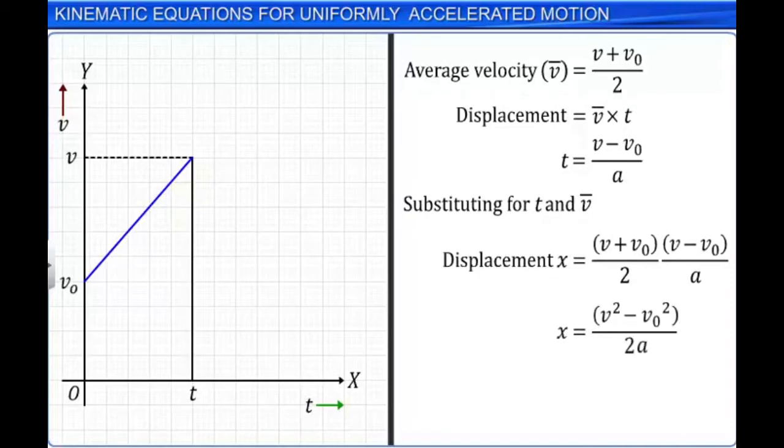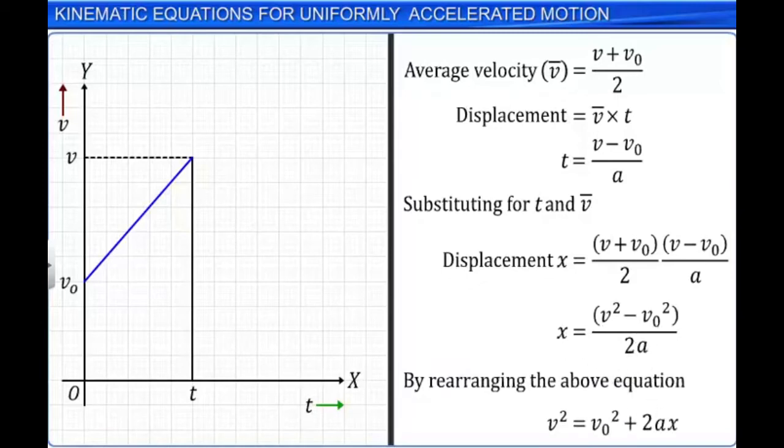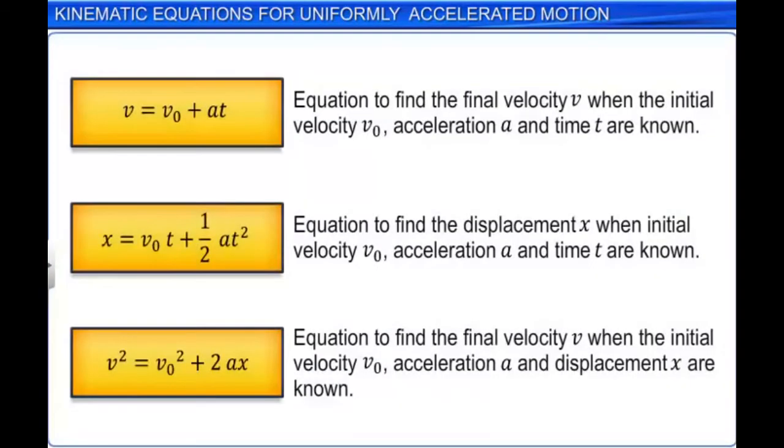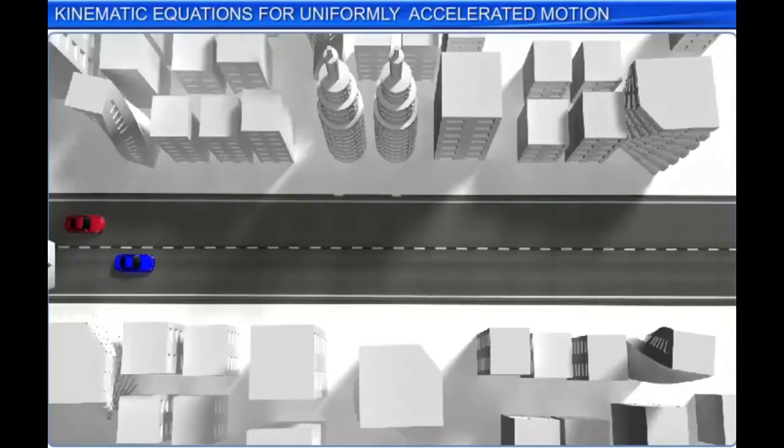Let's now use calculus to derive the equations of motion that were derived so far using basic mathematics. The new set of equations we shall derive is very useful in solving complicated problems.